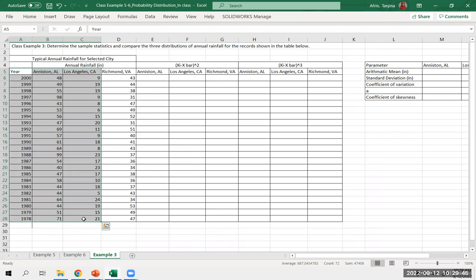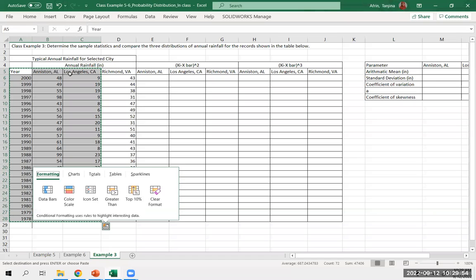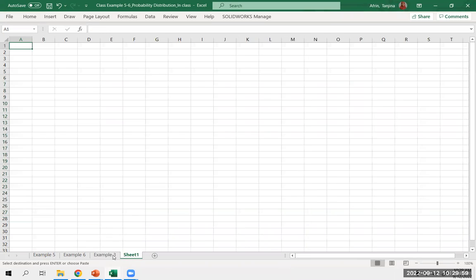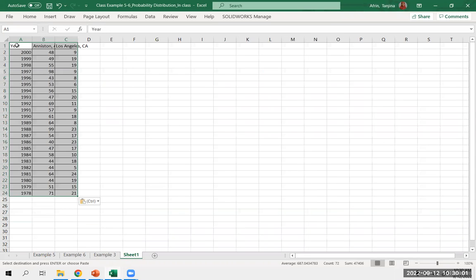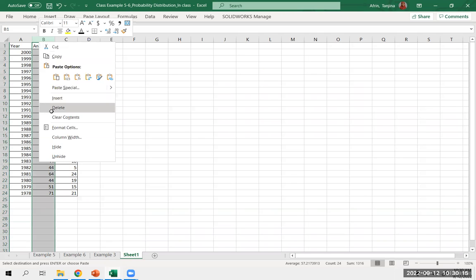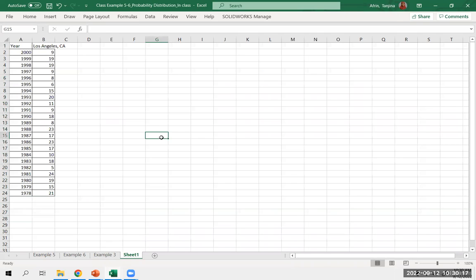Okay, so I'm using Excel. If you want to do that manually, that is absolutely fine because it's only 10 data points. So I will copy this year and Los Angeles data, and I will paste that in a different place here. All of you can do that. Are you following? Okay. Since I don't need the Alabama data set, I will delete that. So this is the data set.